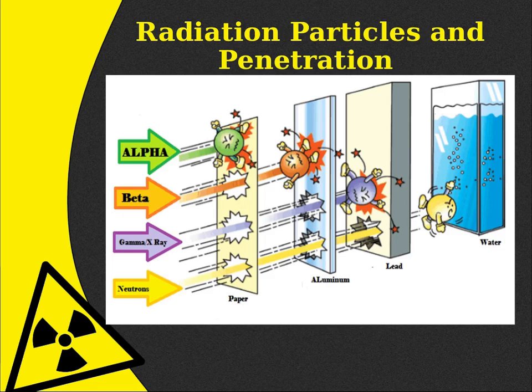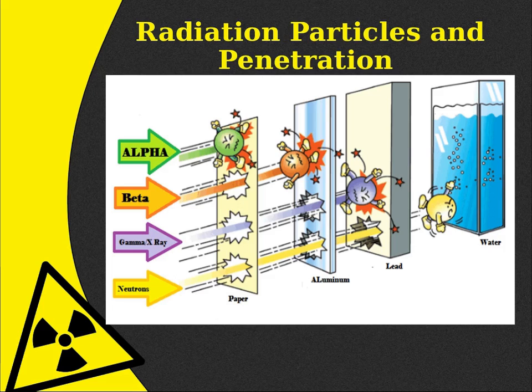So if we see here, we can exactly clarify the penetration of each type of radiation. We have the alpha particles, and those particles are very heavy, and their penetration is limited.